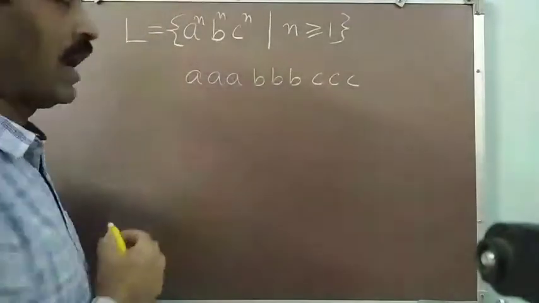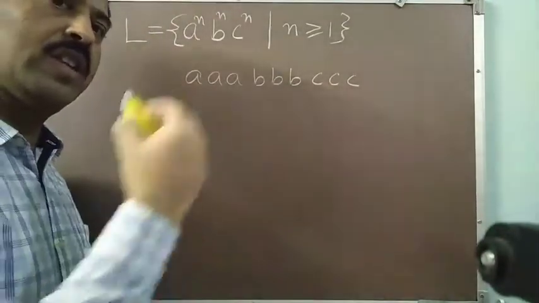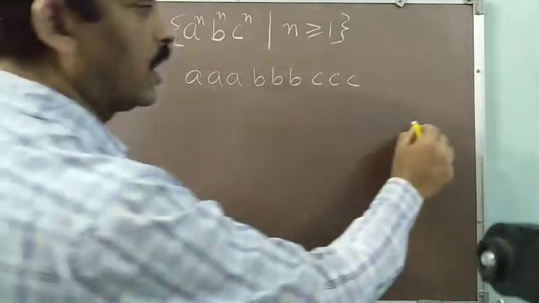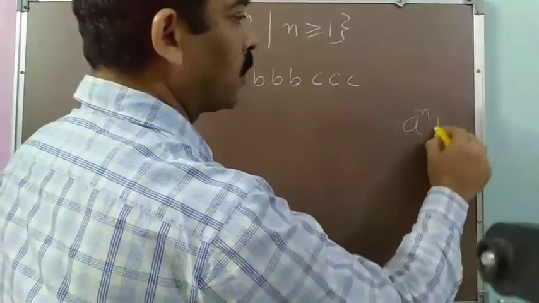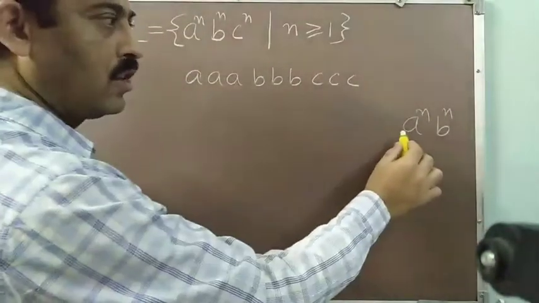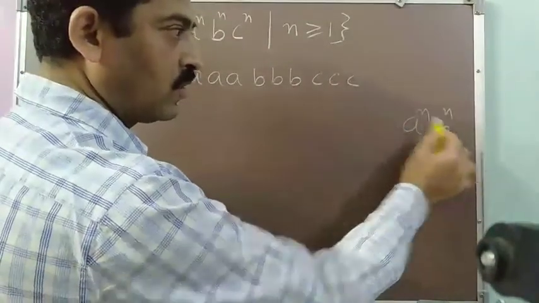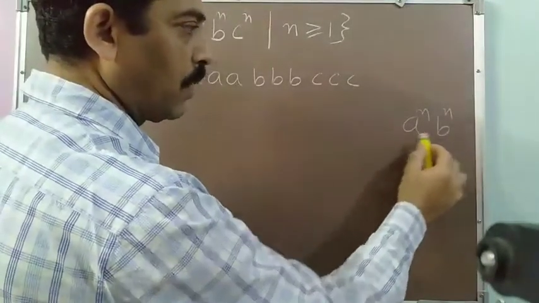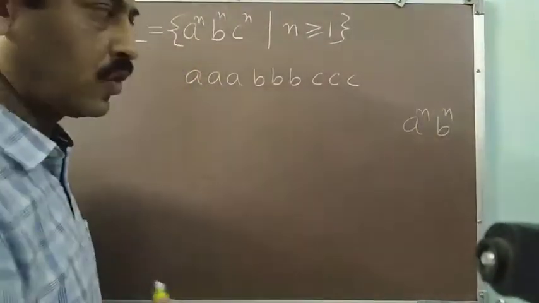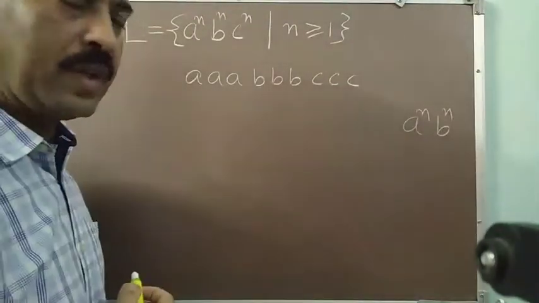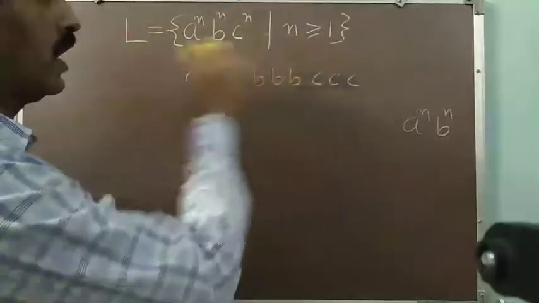For this language, we will follow the same strategy, the same algorithm which we followed for our previous language, a to the power n, b to the power n, n greater than or equal to 1. In that language, we matched A's with the corresponding B's. For each A, we were matching one B in the string. In this manner, we were making sure that the number of A's and the number of B's were equal. The same strategy we will extend here.